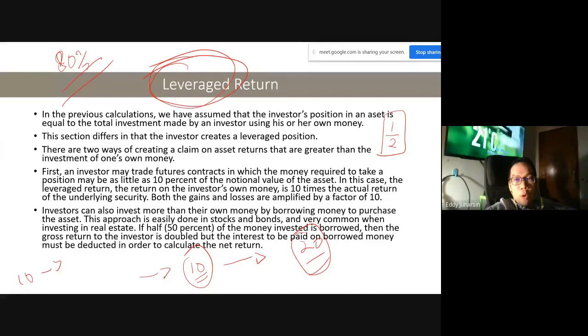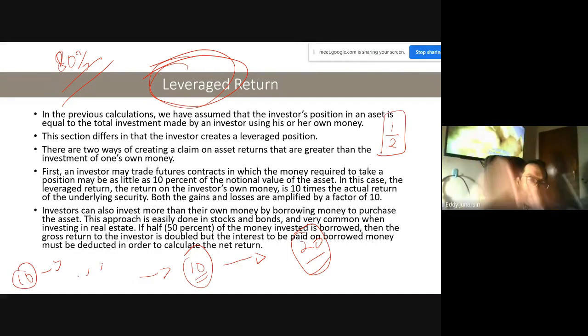If the margin required is 80%, they can lend you 20%. So you are required to maintain the margin at 80%.